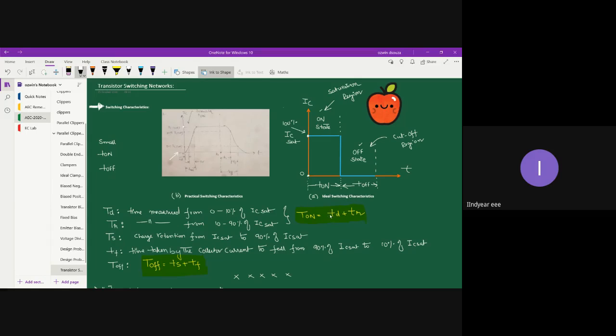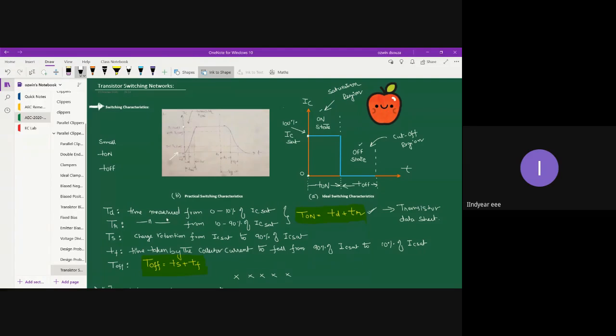The addition of delay time and rise time gives you something known as T on. This T on, along with TD and TR, is mentioned in the transistor datasheet, and can be regarded as the response time of the switch. How quickly the switch is able to get into the saturation value is all about the on time.